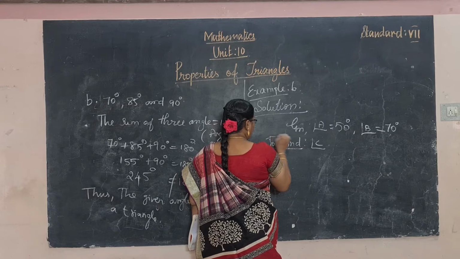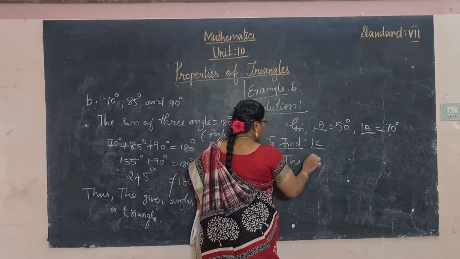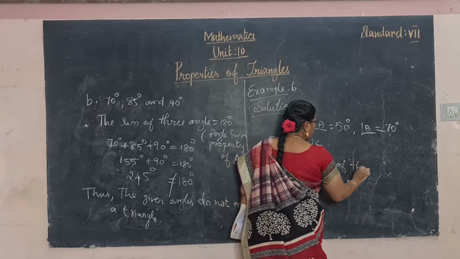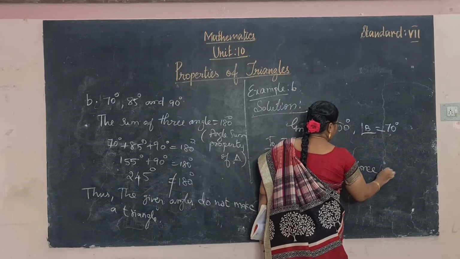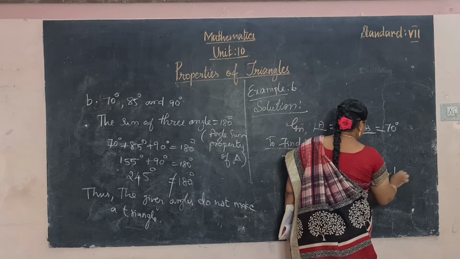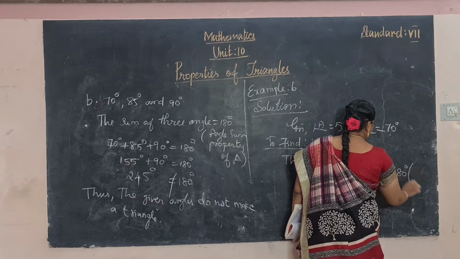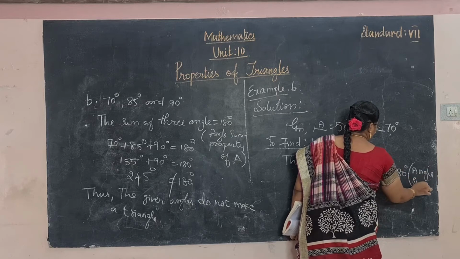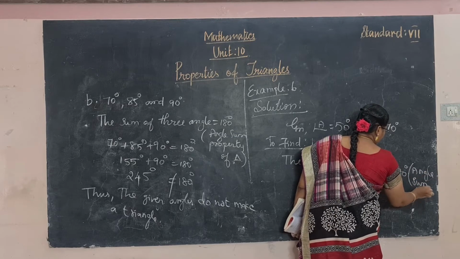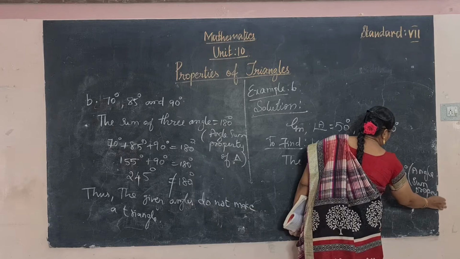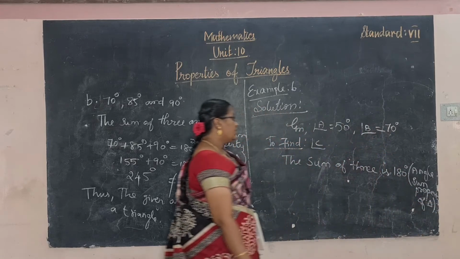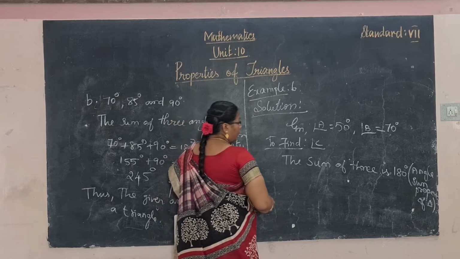Okay, very easy one, is it? So, how can you find out? Using the angle sum property. What is that? The sum of three angles is 180 degree. Angle sum property of triangle.